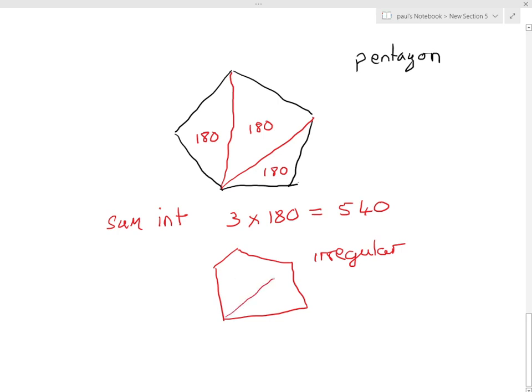But if you do this, you've got 180, 180, and 180, and that again equals 540. So that's how to find the sum of the internal angles, whether it be a regular or irregular shape. And for regular shapes, you can find the external and the internal. So that's that one.